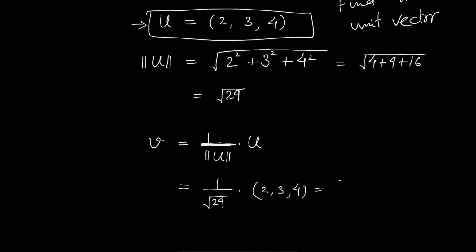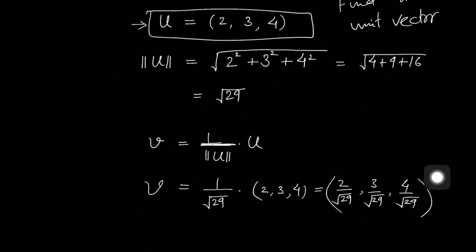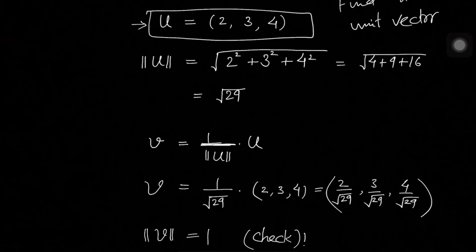So this vector v is a unit vector, and I leave it as an exercise for you. You can check that the norm of v comes out to be 1. This process is called the normalization of a vector.